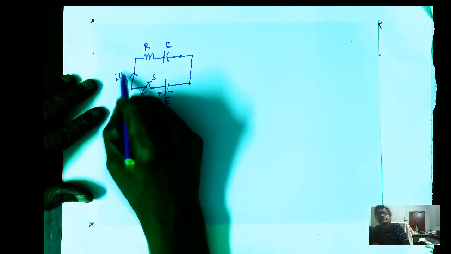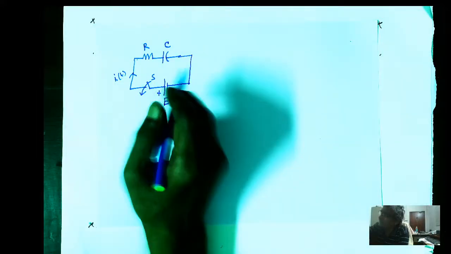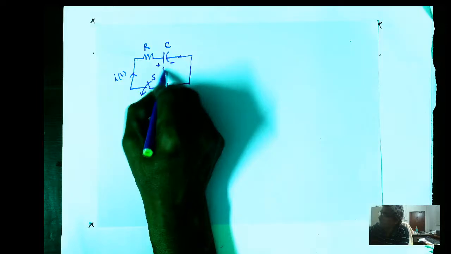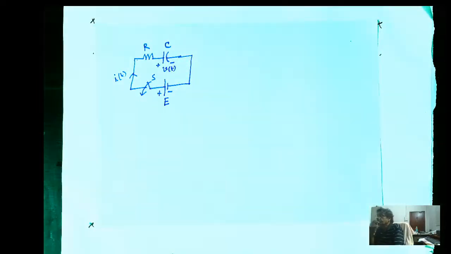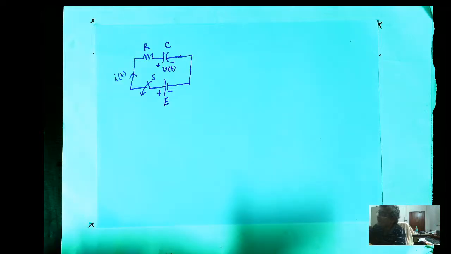This will be one observation, and another unknown will be the voltage across the plate of the capacitor. These are the two unknowns. The thing is, this V(t) and I(t) are related because of this capacitor.